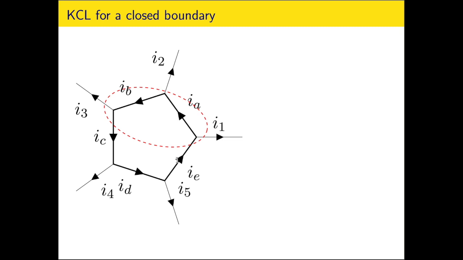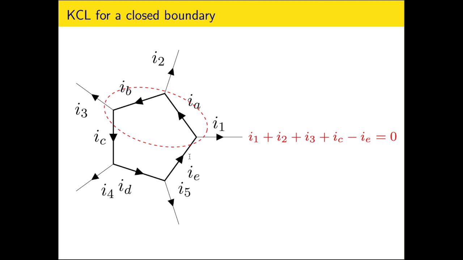When the boundary is taken into perspective, there is the outward current I1, outward current I2, outward current I3, IC is also an outward current, and the inward current is IE. Translated into a mathematical relation, it suggests I1 plus I2 plus I3 plus IC minus IE is equal to 0.